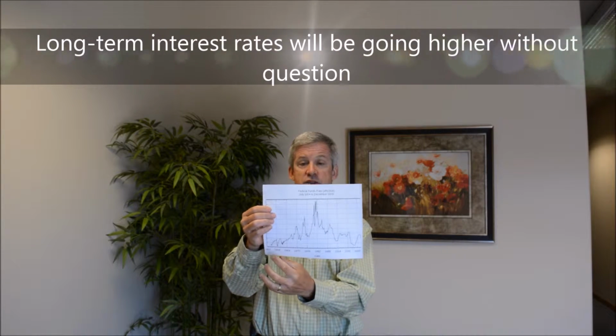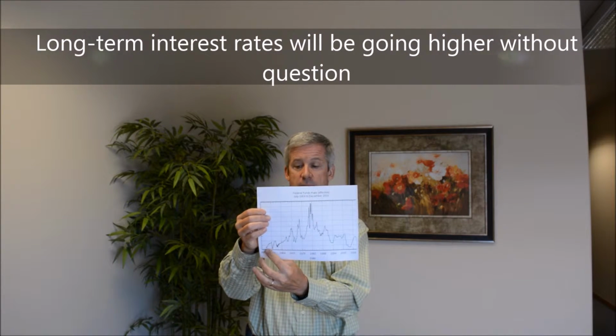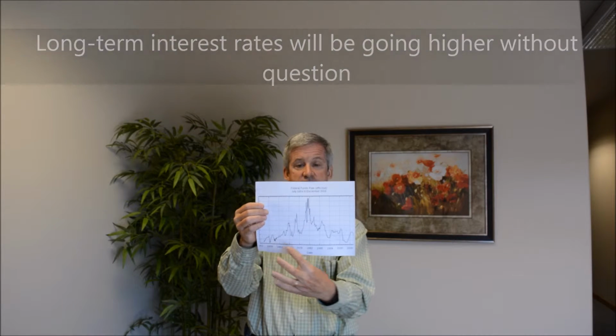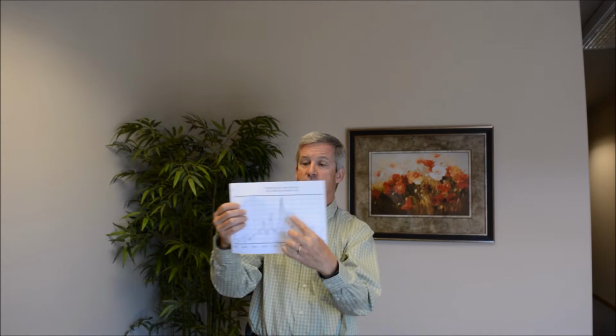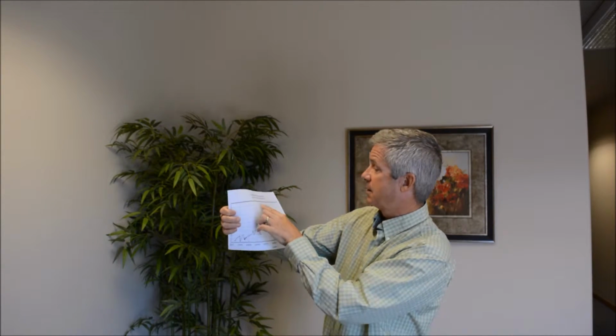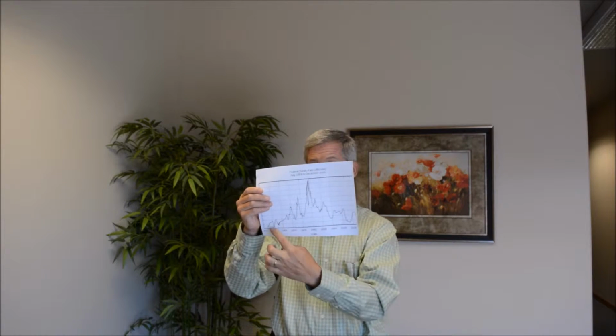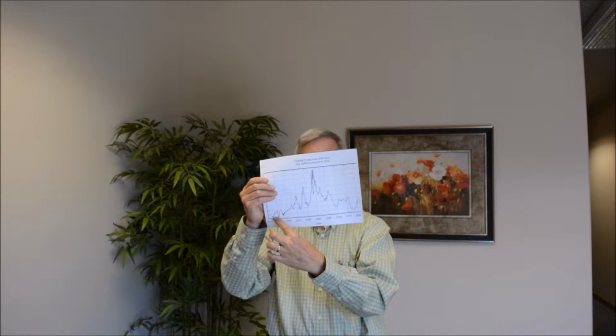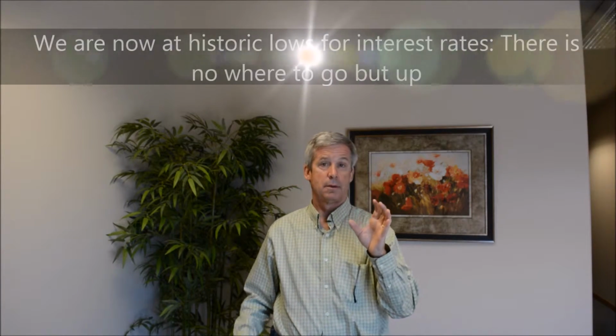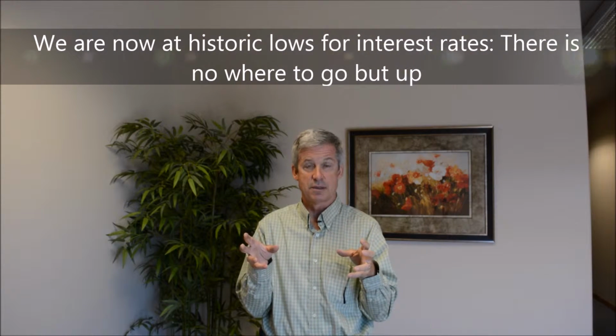And this is a chart of actually the federal funds rate going back to the early 1960s. You can see it peaking out here, basically peaking at roughly 17–18%, and then coming back down over here to historic lows. So we are now at the lowest point in our history for interest rates.